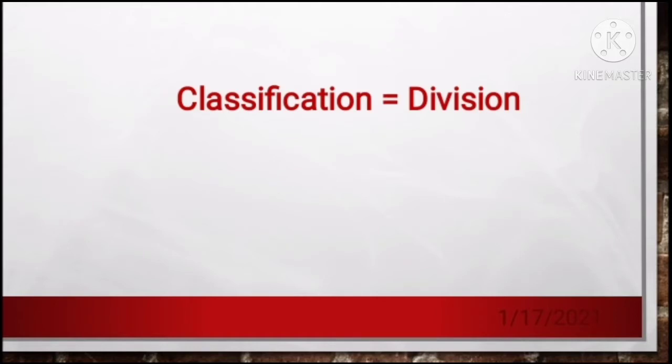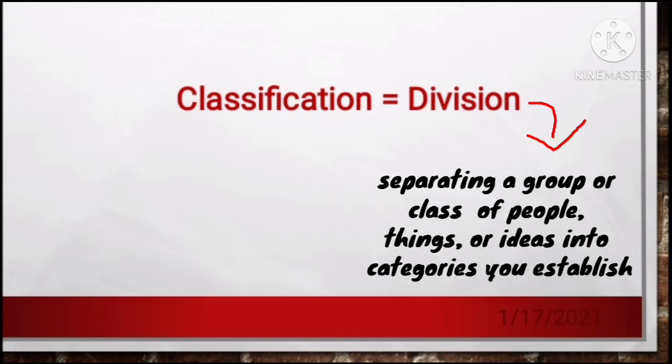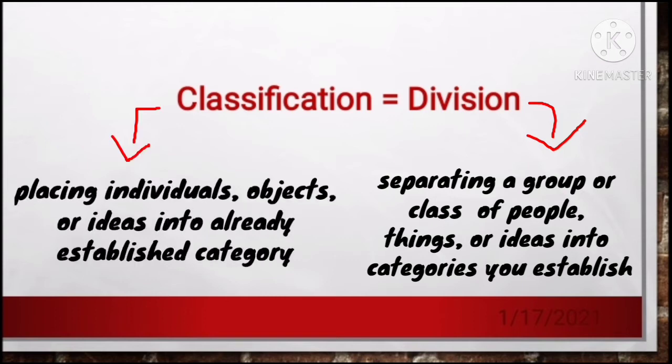In division and classification, division is separating a group or class of people, things, or ideas into categories you establish, while classification, as I've said, is placing individuals, objects, or ideas into already established categories.